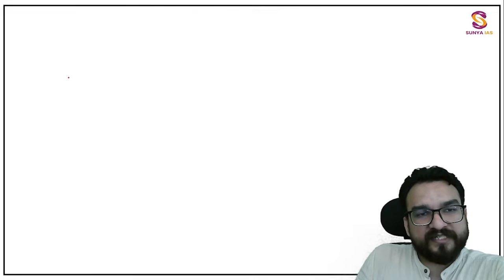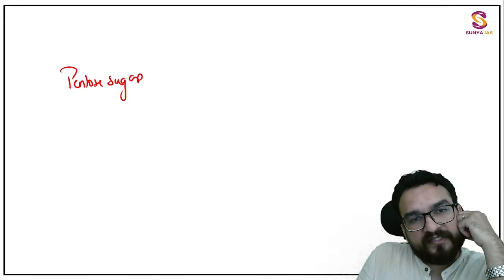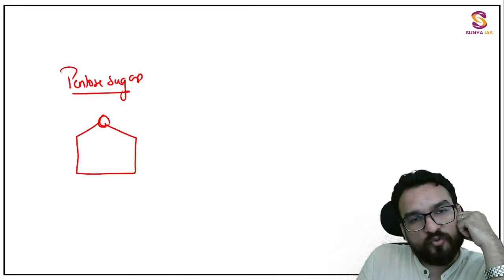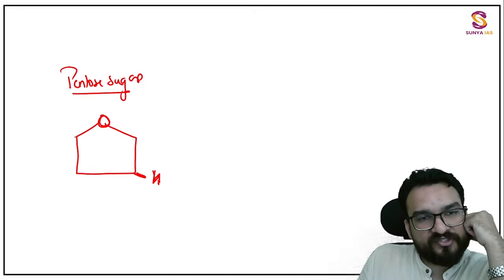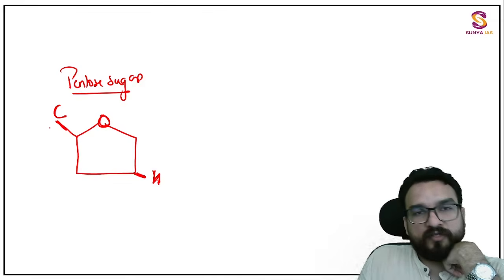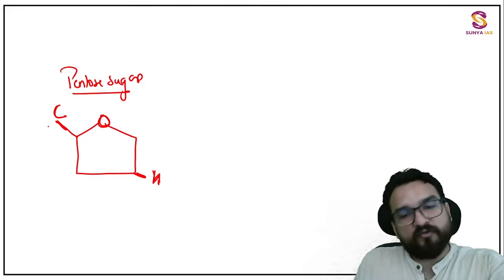I'm really sorry this has been erased, but the pentose sugar I was telling you. For your examination, you have to remember this structure only. Just this structure you remember for the examination. O, and this is 2 groups. So this is H, and this is carbon, like this. 5 carbon over here. Pentose sugar. Very important.